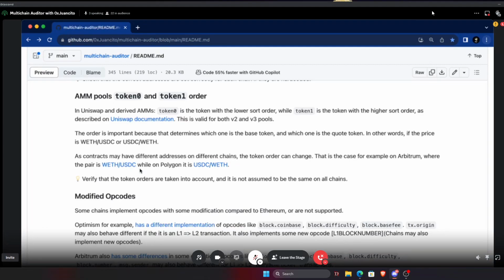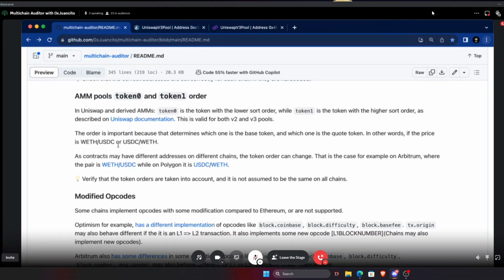But you might find it funny and interesting that this doesn't happen on all chains. The reason is that the token 0, token 1 order are derived from the addresses. So if token 0 address is less, I think, than token 1, it goes first. And if token 1 is bigger than token 0 address, it goes after that. And you might find this difference when you check the pairs.